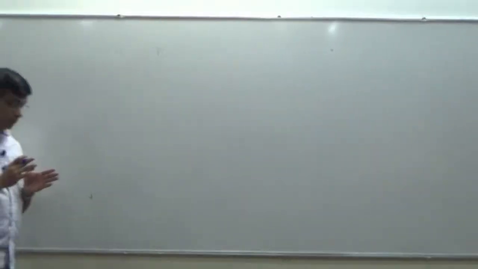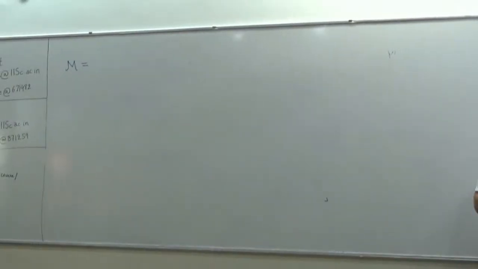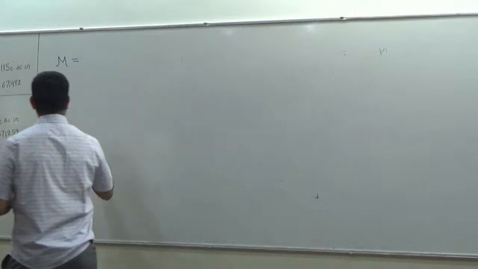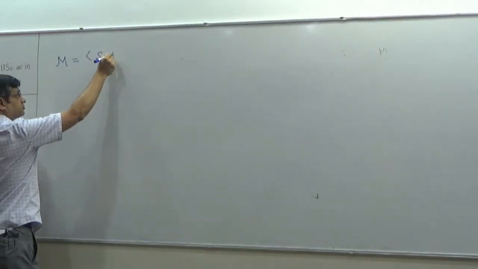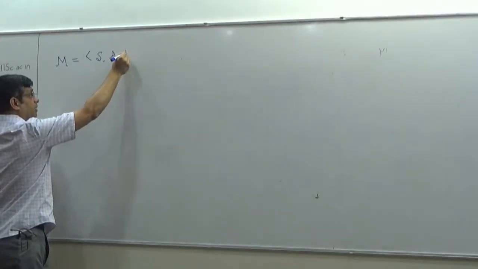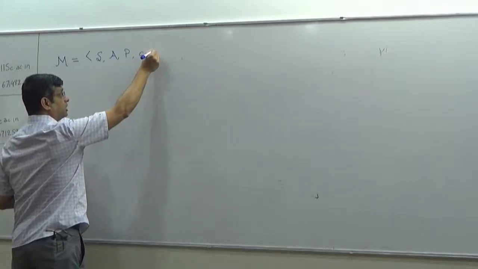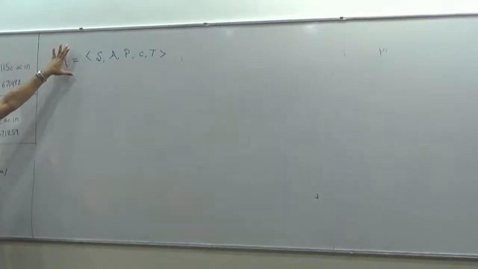For the next 4 lectures or so, we will be focusing on full state observation in MDPs. I will use the notation of saying that I have a model M denoted by state space S, action space A, transition dynamics P, per step cost C, and a horizon T. This is the shorthand notation I am going to be using.